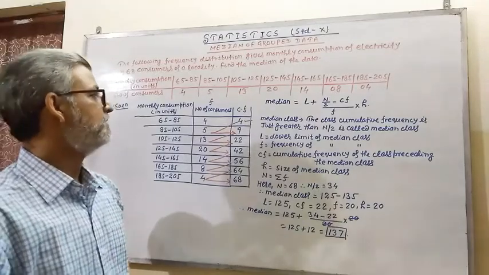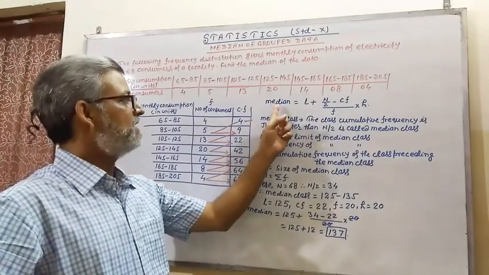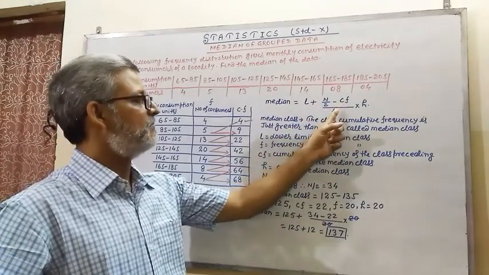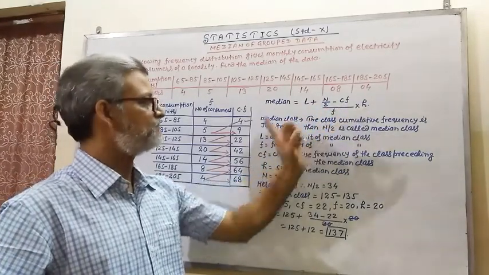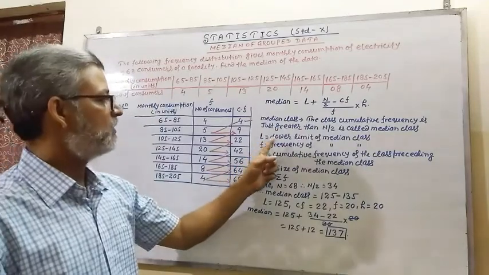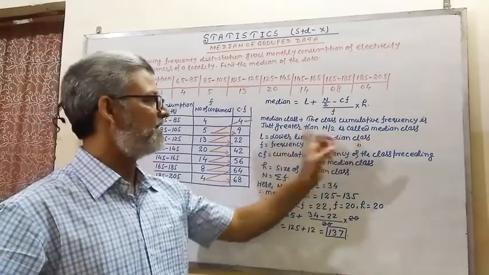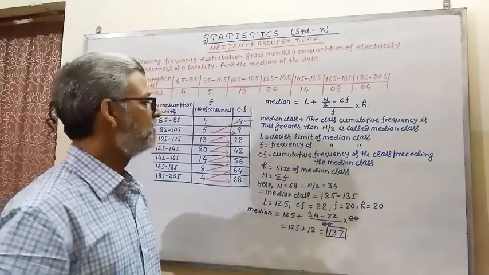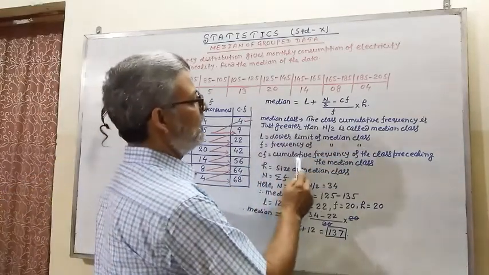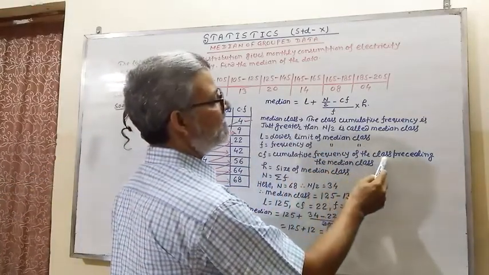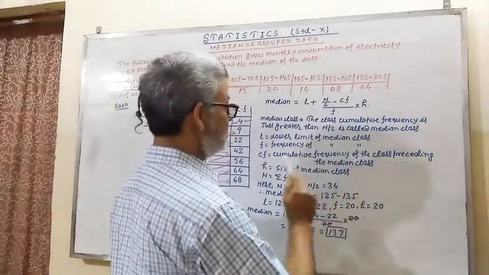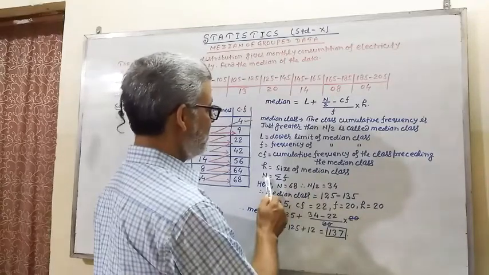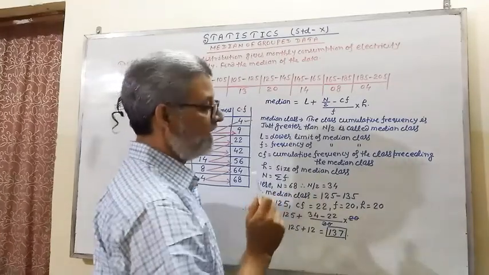After that, the formula for the median is L plus (n by 2 minus Cf) by f, into h, where L is the lower limit of the median class, f is the frequency of the median class, Cf is the cumulative frequency of the class preceding the median class, h is the size of the median class, and n is sigma f.